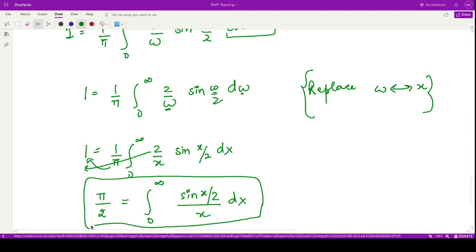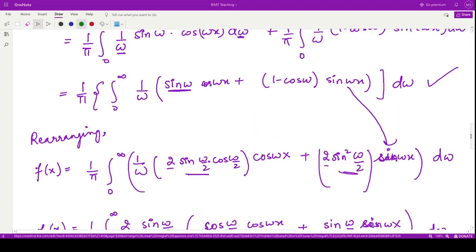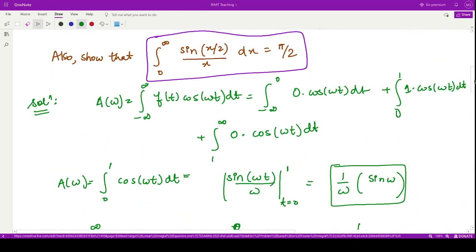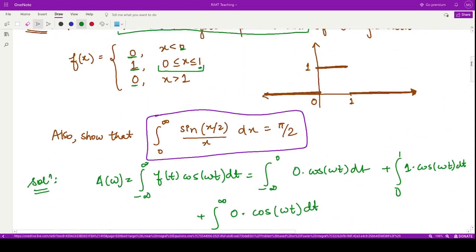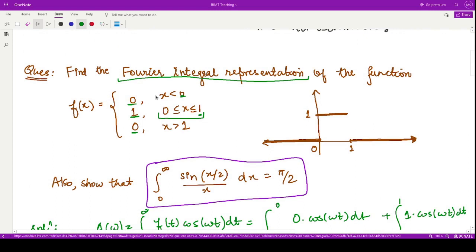So you saw how you can use this Fourier integral transform to solve difficult integrals, and moreover this is also used to represent the given function which is piecewise continuous over the whole real line as the integral representation. So that is it for this video. Thank you for watching.